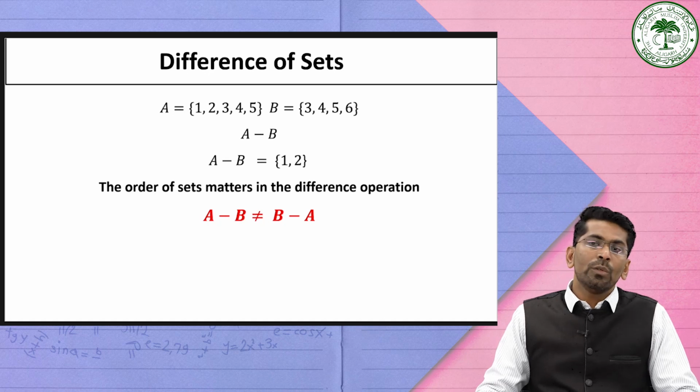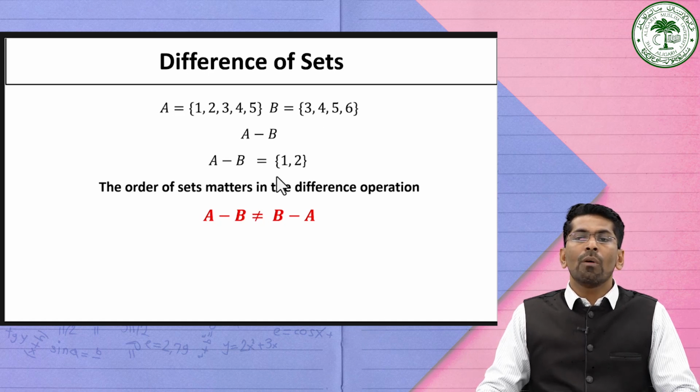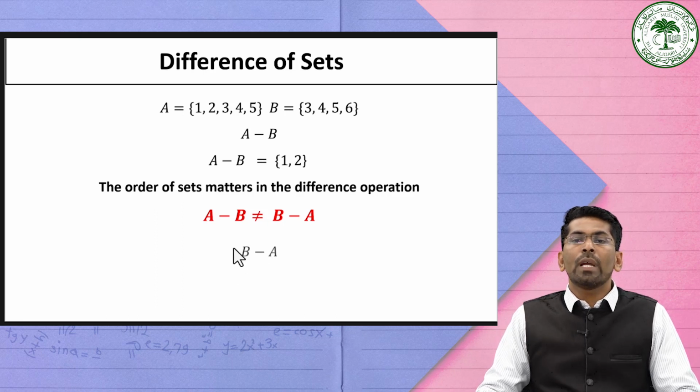We can prove it by using an example. Here the example of A and B is given, and A minus B we have already calculated: it is {1, 2}. Now we are going to calculate B minus A. What is B minus A?